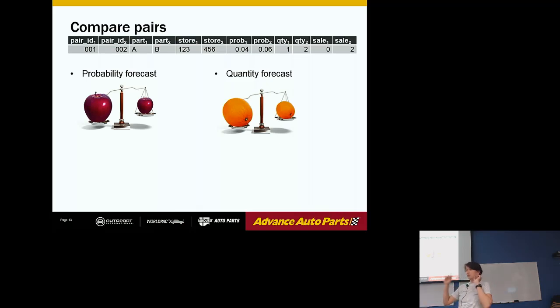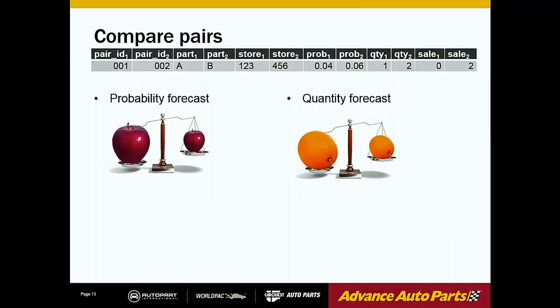So if you have 2 part-store pairs, you can say that, okay, number 1 probability is 0.04, number 2 probability is 0.06, so this one is bigger than the other. We are predicting that this is more likely to be sold.